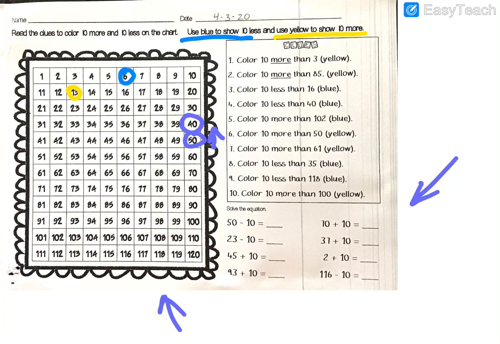So I take away 10, that lands me right on 40. All of these equations are going to be either adding or subtracting by 10, so it's going to be very easy for you to just look at the chart and either add 10 more or take 10 less. So I want you to go ahead and solve all those equations there at the bottom of the page. Pause this video if you need some extra time to do that.